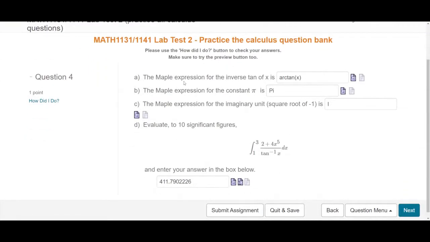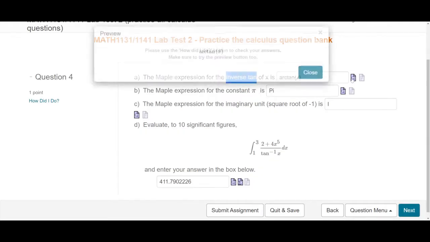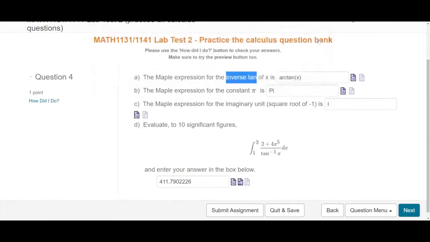Okay, here's another one very similar to the previous question. What is the Maple expression for inverse tan? Well, it's arctan, right? What is the Maple expression for pi? Well, we saw that.